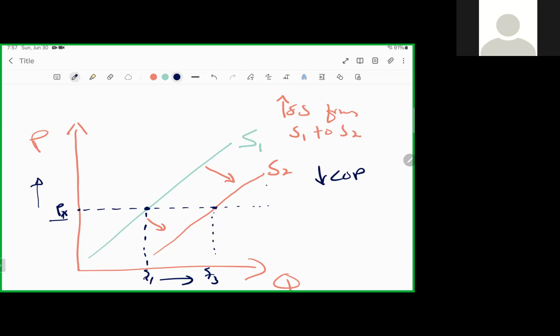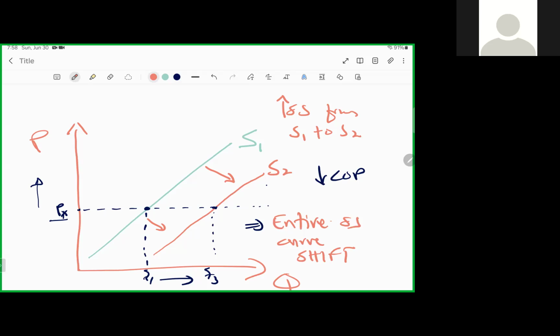So in this particular case, please note the entire supply curve will shift to a new supply curve, okay? It will shift to the right if there is an increase in supply.